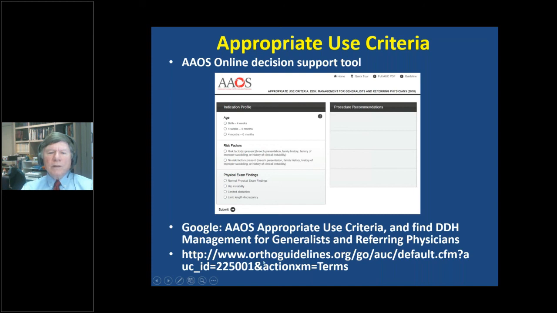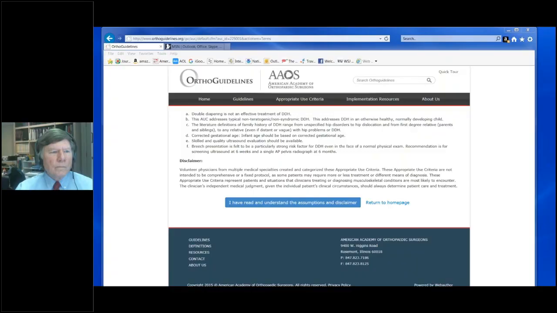Or if you want to pause this and write this down, you can go directly to that website. You plug in the data, and it makes recommendations for you. This is a wonderful thing. Kishore Mulpuri and his group put this together, and it's a remarkably useful tool.